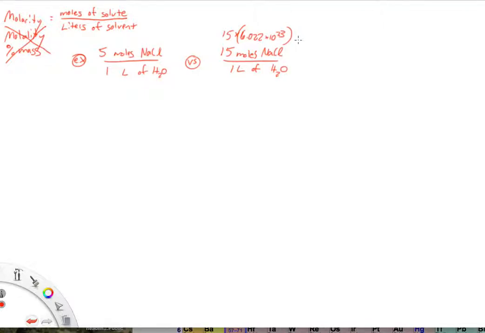So that's how many of these NaCl we have. Compared over here, just 5 times 6.022 times 10 to the 23rd. So it's less over here, dissolved in 1 liter. Now, this one's less than that, so this one's going to be more concentrated. That's a way of measuring concentration.